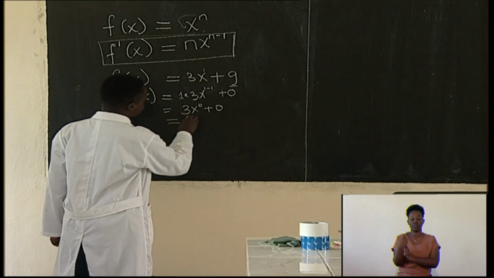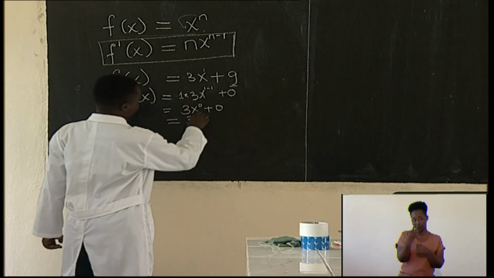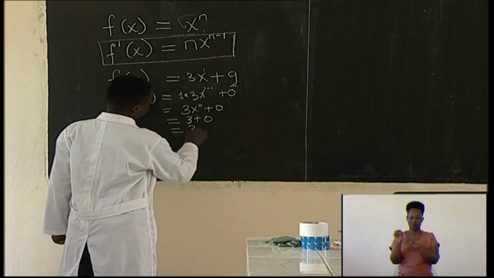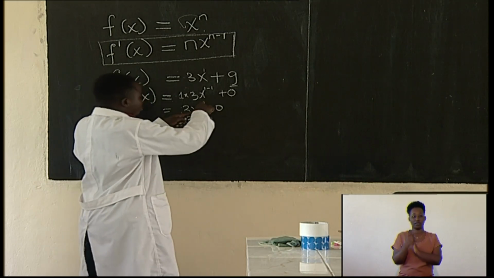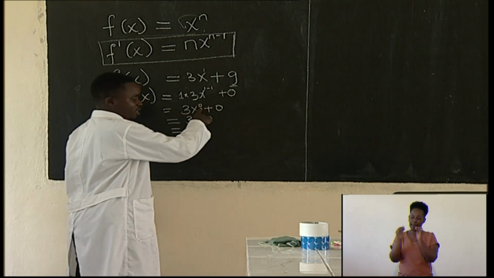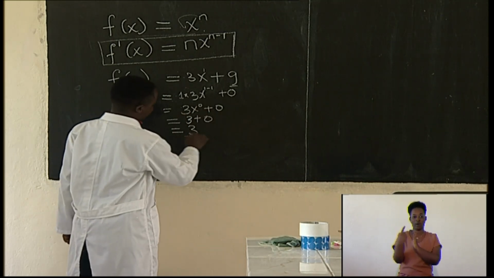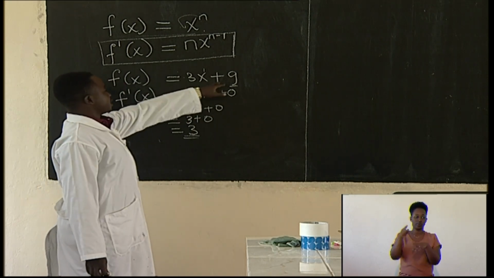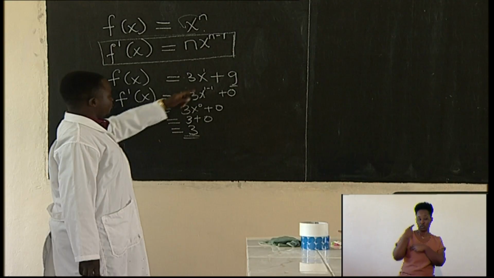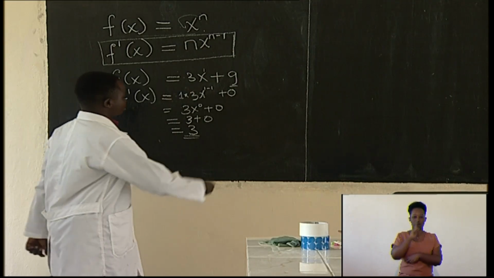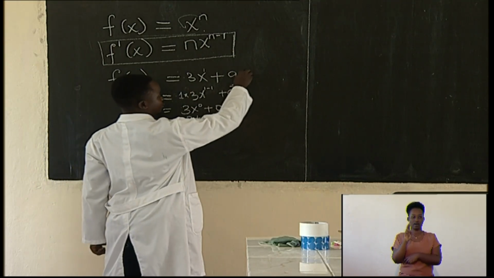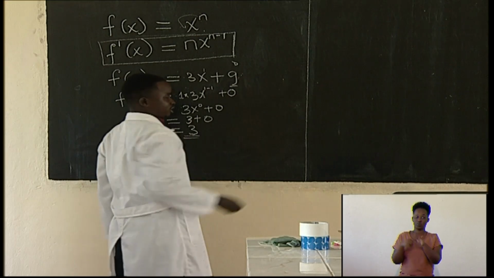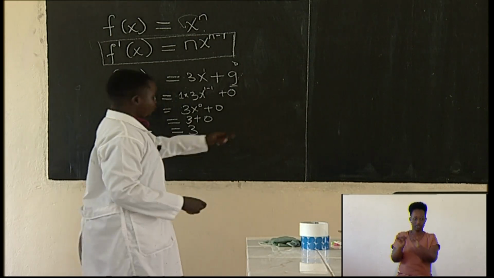So in this case, it is 3 plus 0, which is equal to 3. Here, this x power 0, any number to power 0 is equal to 1. So when you differentiate this function, our linear function, you will come up with 3. And when you differentiate a constant, you get 0. So the derivative of any constant is 0.